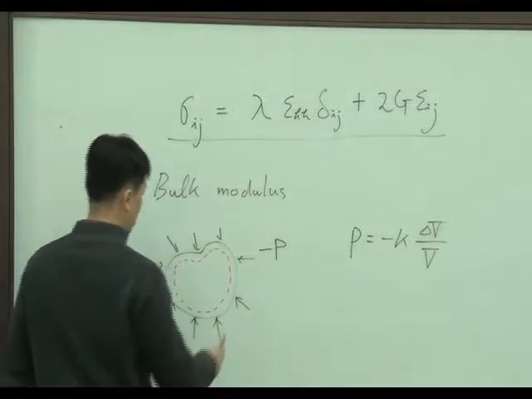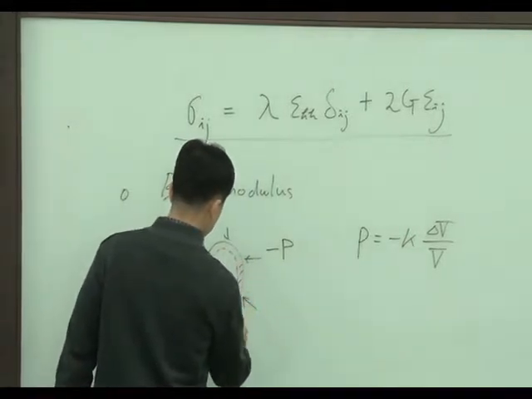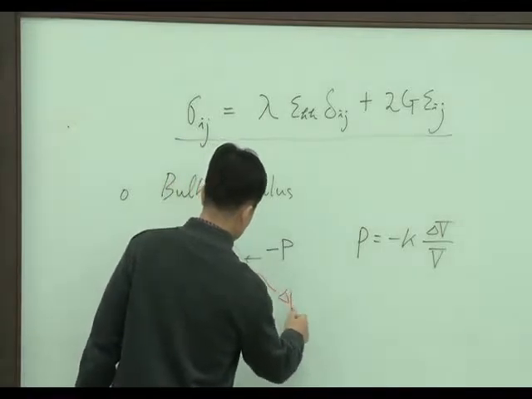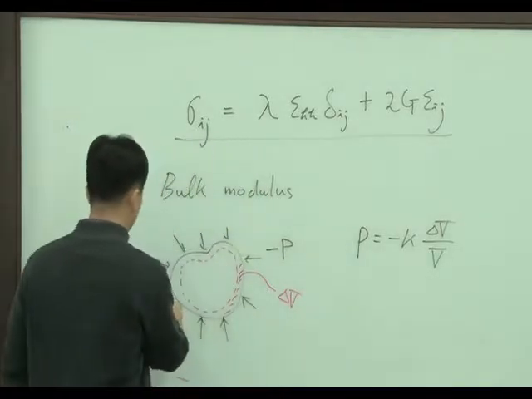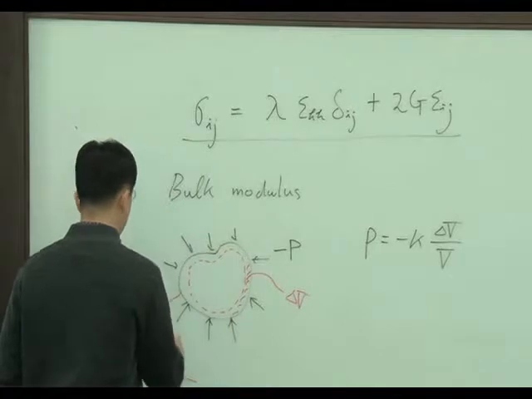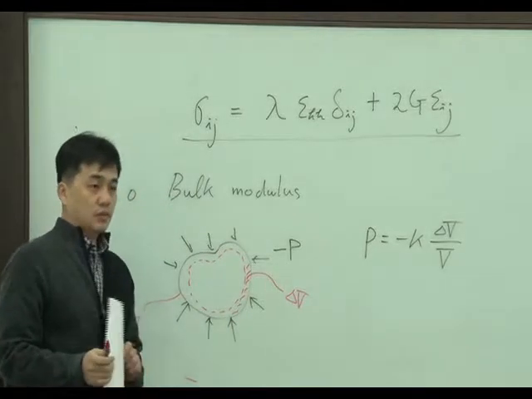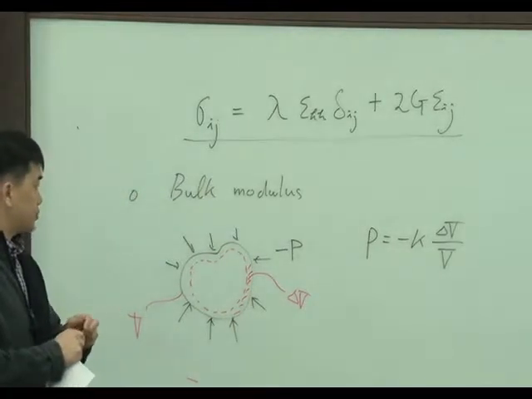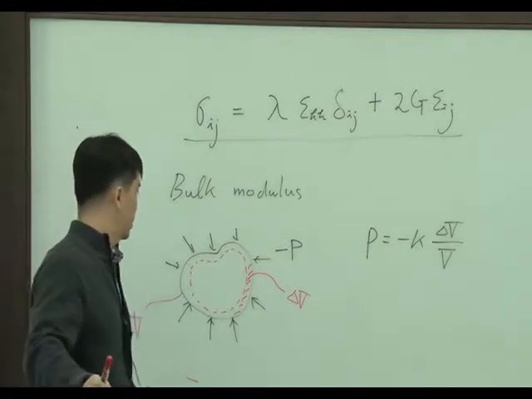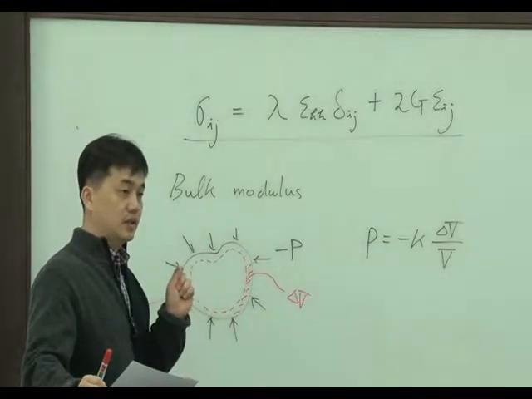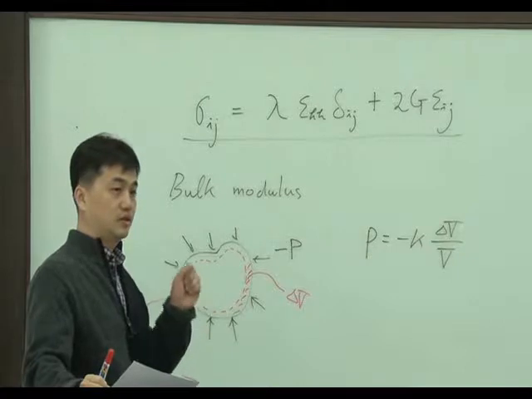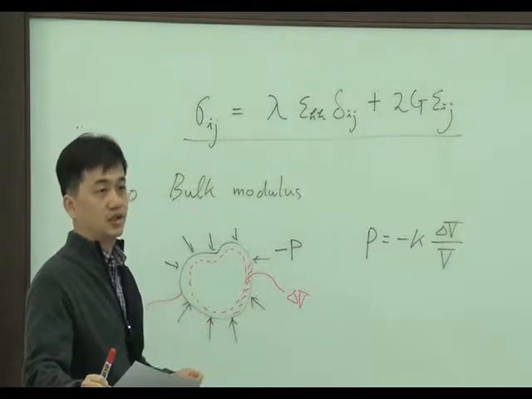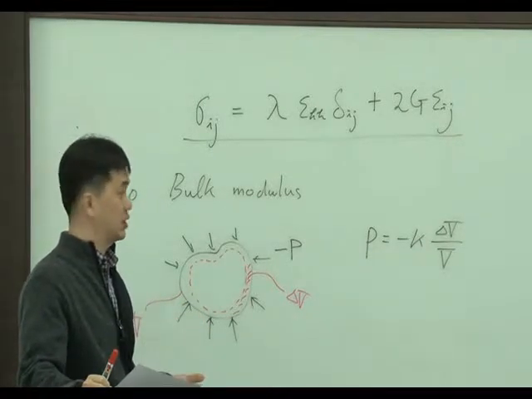Okay? So the difference is delta V, and the original volume is V. So hydrostatic pressure results in volume change of the body.